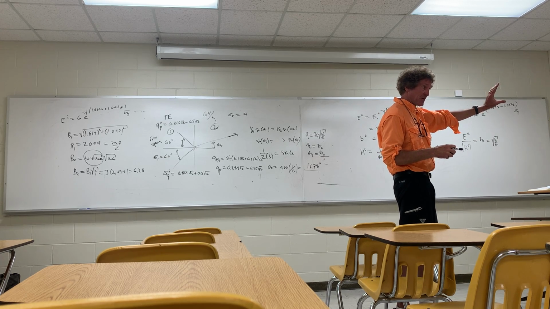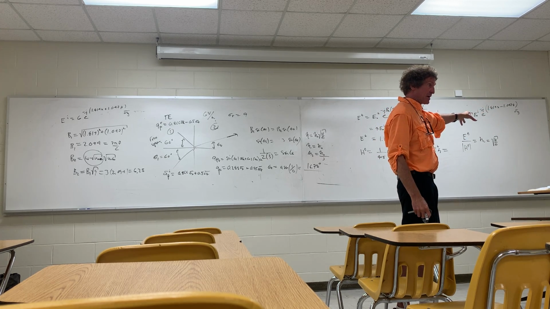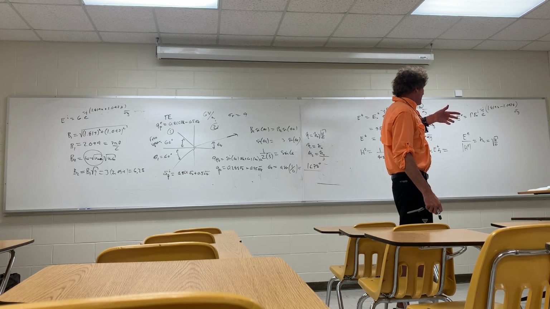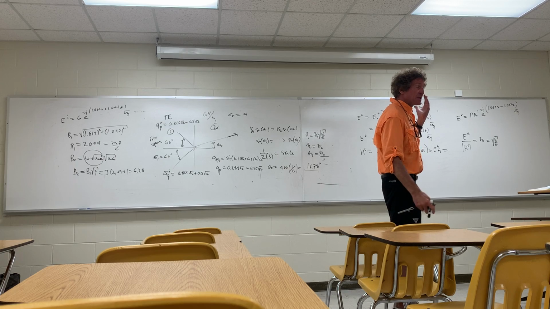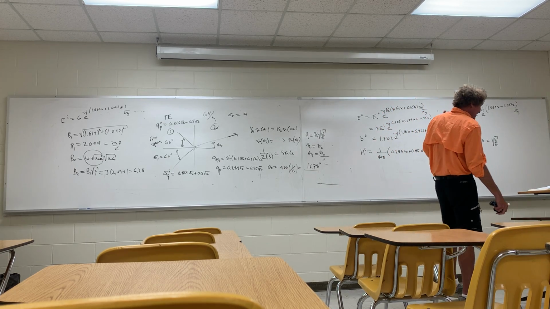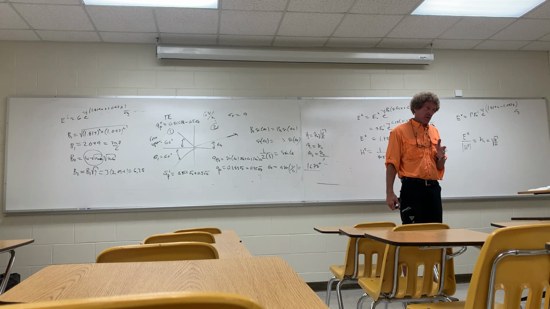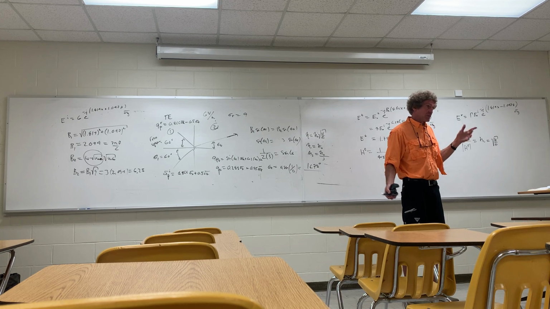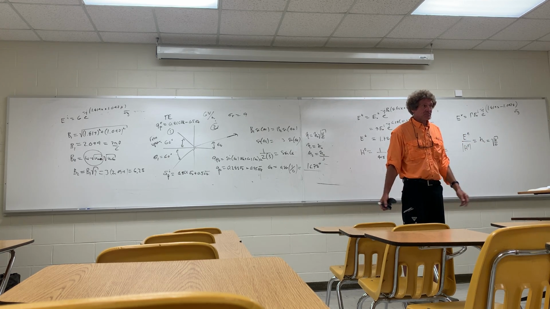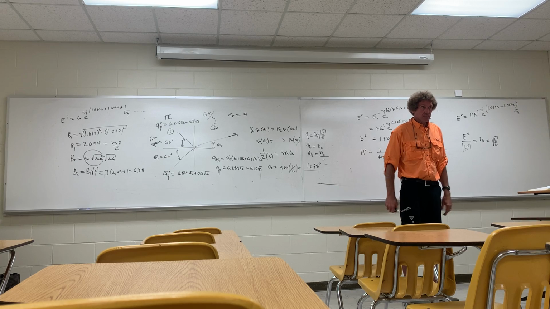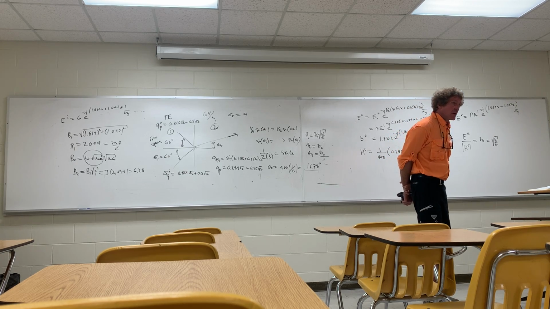So that's how you get this. You get the magnitude of the E field, then divide that by eta in region 2 to get the magnitude of the H field. And similarly, if this was a TM mode, then once you had the magnitude of the E field in either of the regions, to get the magnitude of the H field, you're going to do the same thing again. So you would have to do all of the crossing and everything.